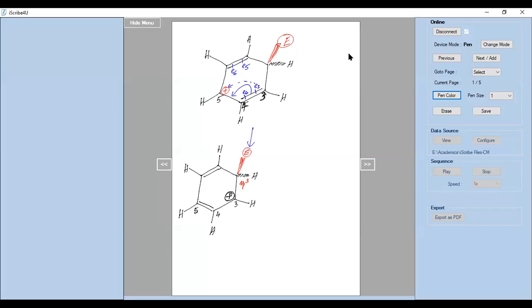Okay, so like that, the positive charge is delocalized throughout the ring. In the next step, most of the sigma electrons are not involved in this mechanism.